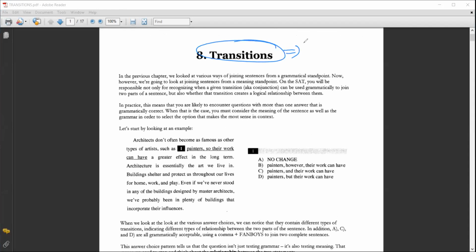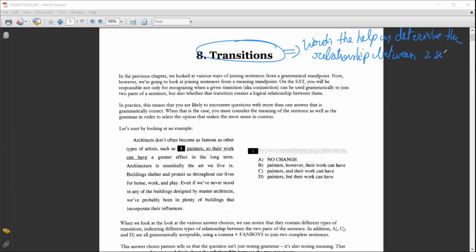Transitions are basically words that help us determine the relationship between two sentences.